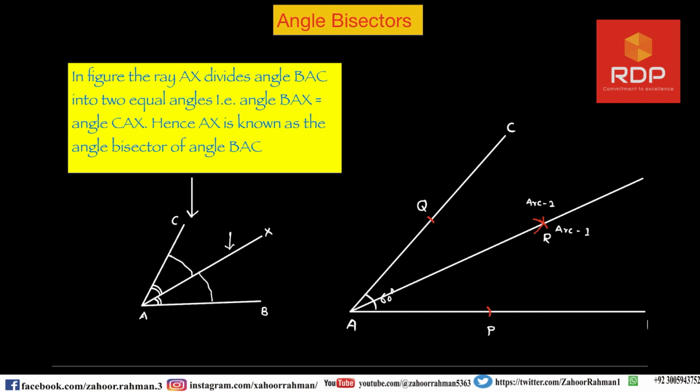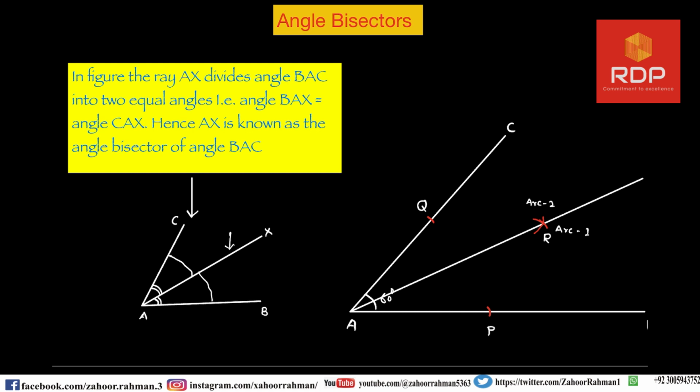No, bisection means two equal sections, and bisector means a line bisector. So intersection and bisection have totally different meanings.